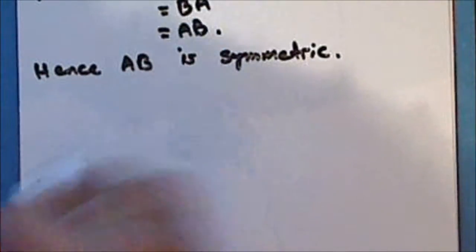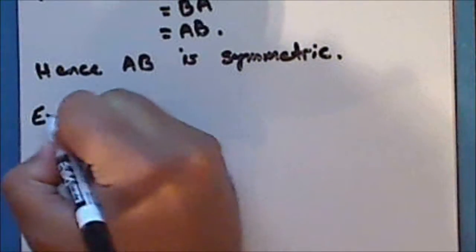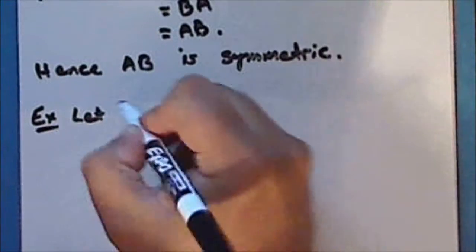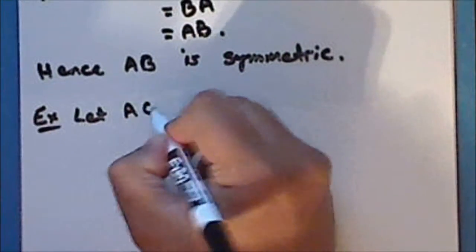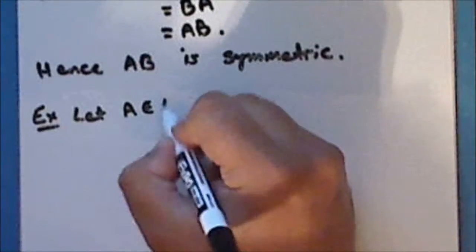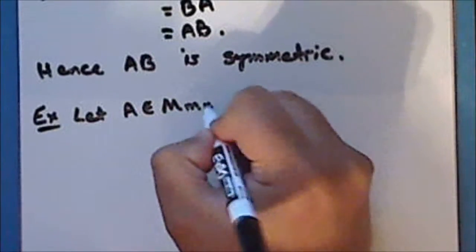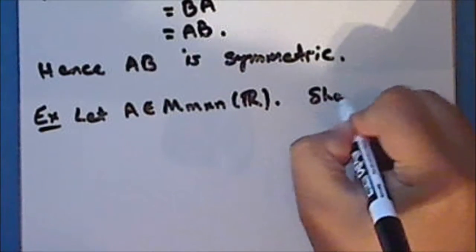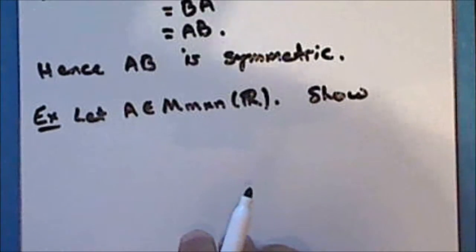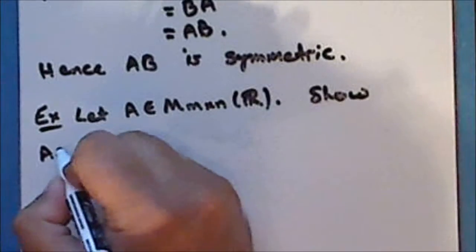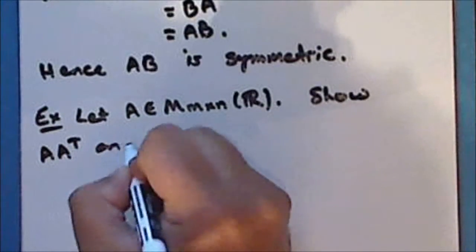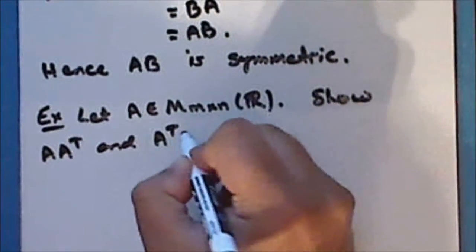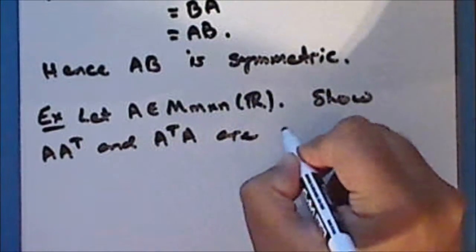So as an exercise, let A be an M by N matrix with real entries. Show that the products A times A transpose and A transpose times A are symmetric.